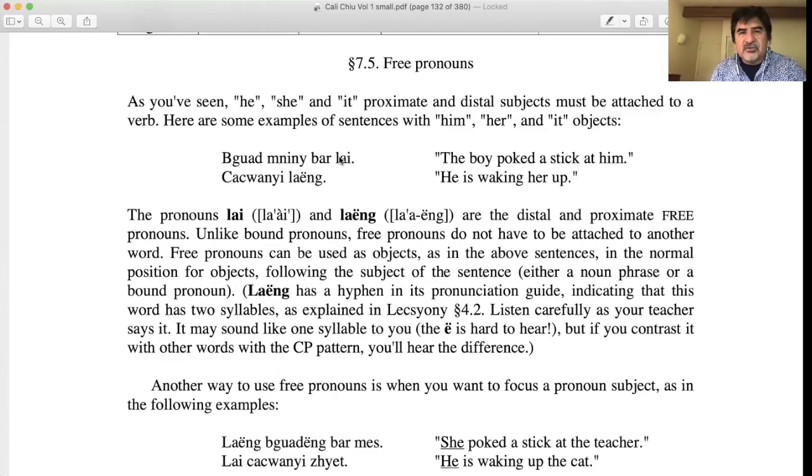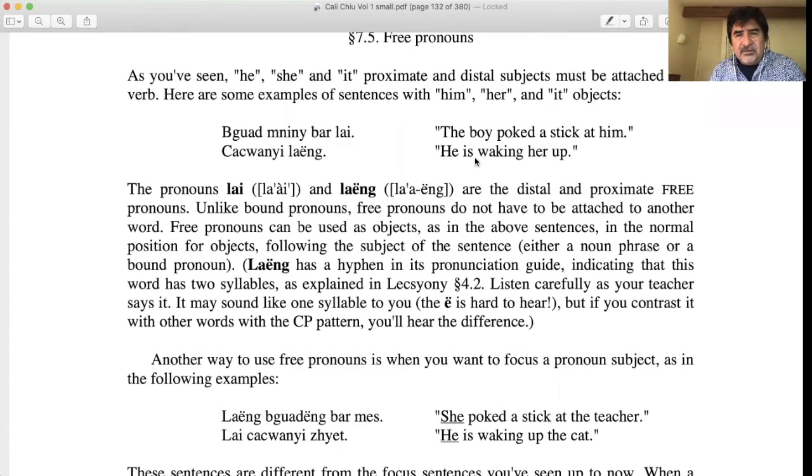So remember that the pronoun is substituting perhaps for a noun. You could have said Juan, and Juan is Lai. I hope that makes sense. And now we have he is waking her up, right? So the I is the subject of the verb, right? So you could have said the name, and the pronoun could be the I and lang.